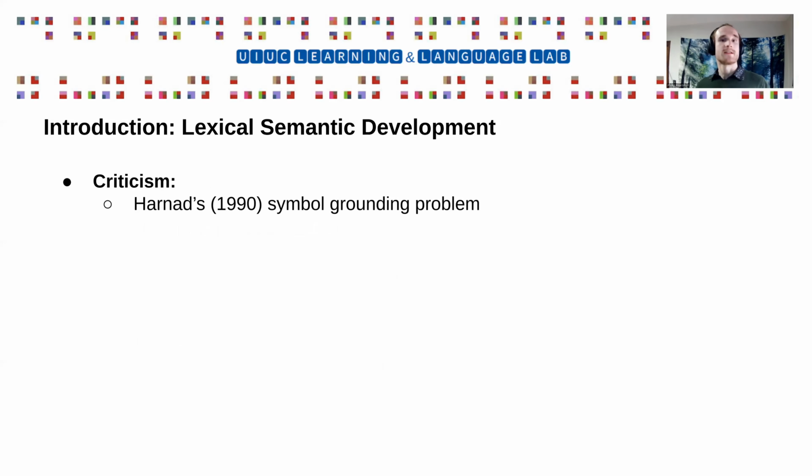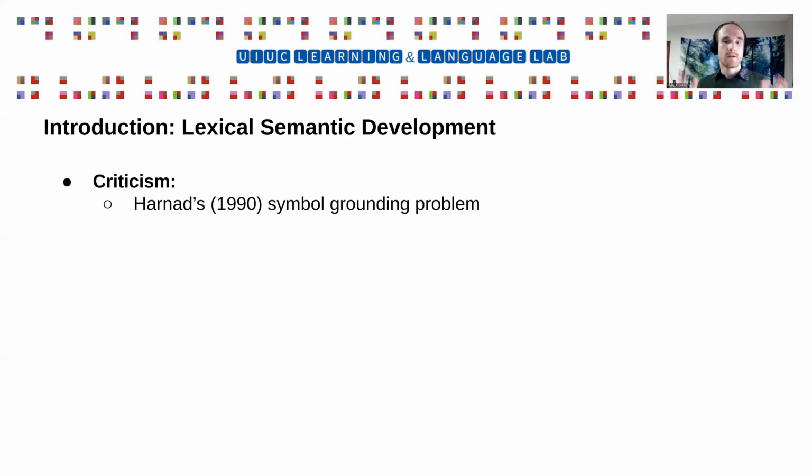There are, of course, criticisms with any great theory in psychology. One being Harnad's symbol grounding problem. The idea is straightforward: if you're just tracking distributional statistics between word forms, you're not really tracking anything about what these words actually mean. So what is their content?